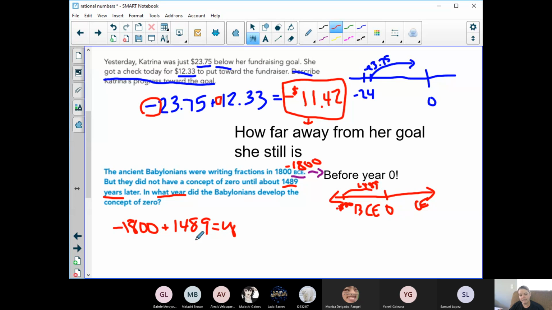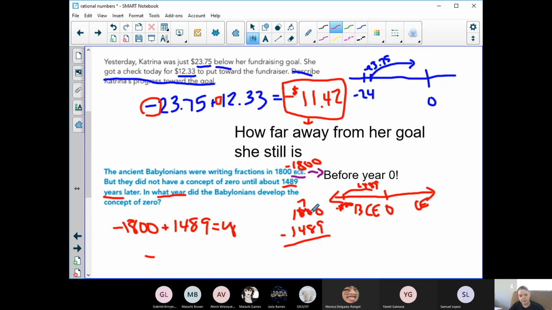So if it's not going past 0, it's still going to be a negative number. And then I'm going to find the difference between these two. So 1800, and I'm going to write it as a subtraction problem real quick, even though we're doing addition.